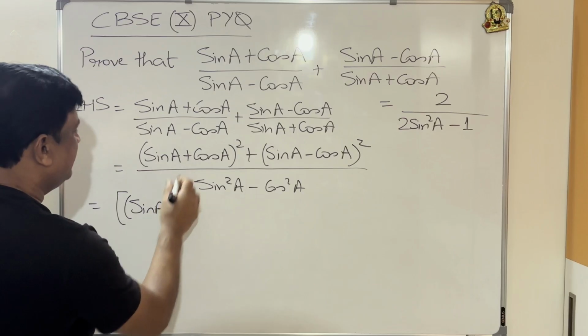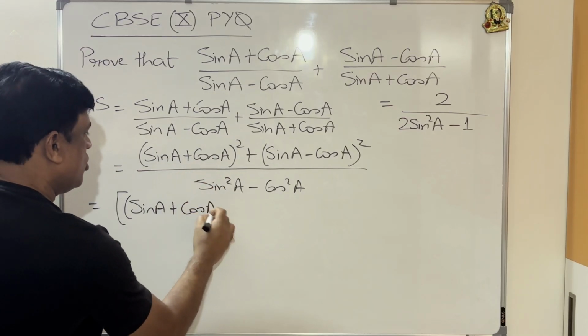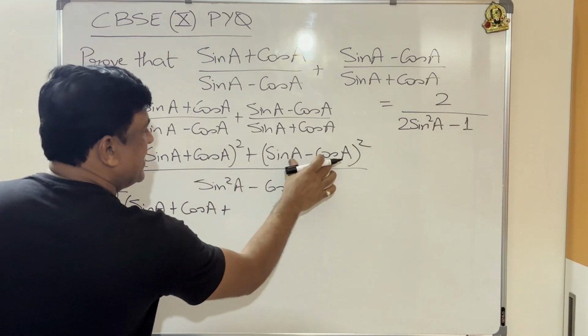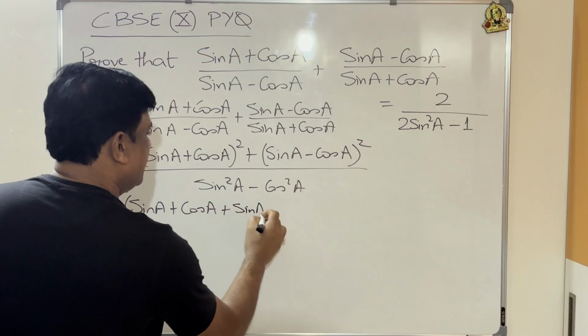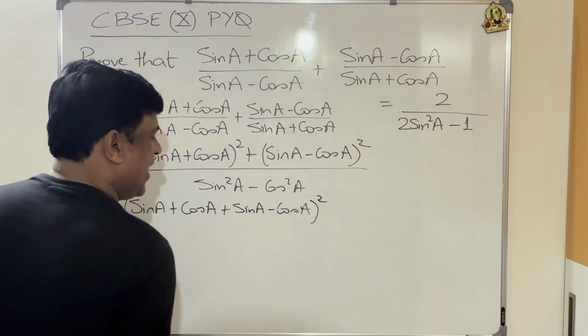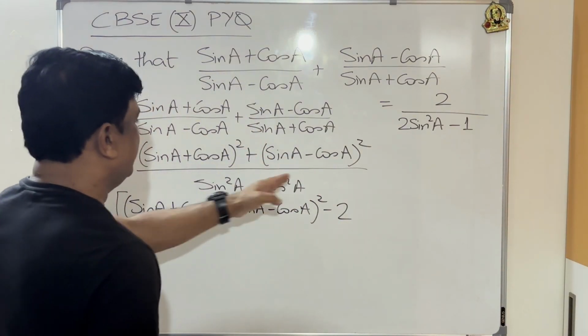So this is a, sine a plus cos a. I have written a plus b, b is sine a minus cos a, whole square. And minus 2 times this into this again.